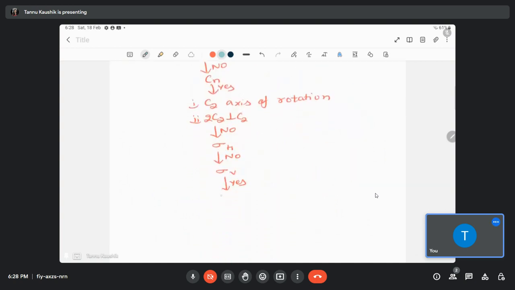So we have two sigma v planes. So the point group is C2V point group.